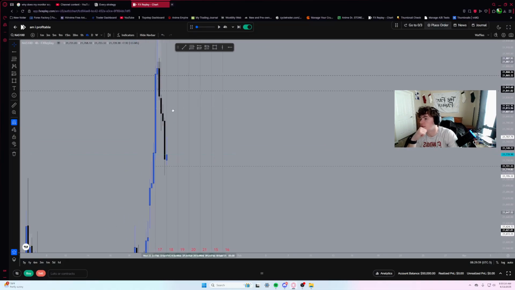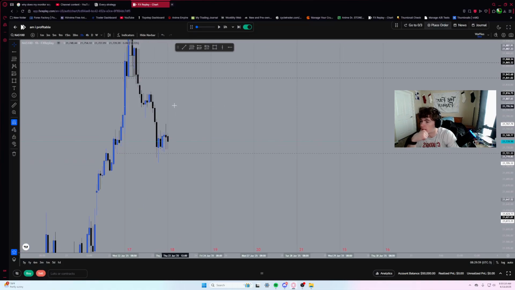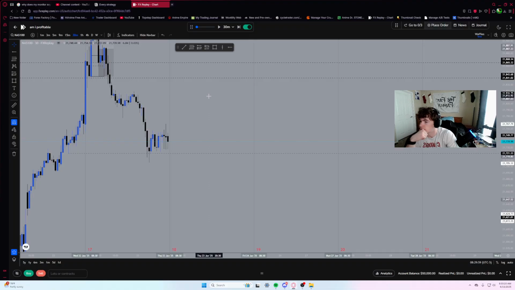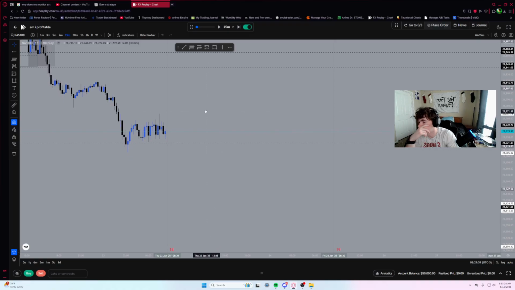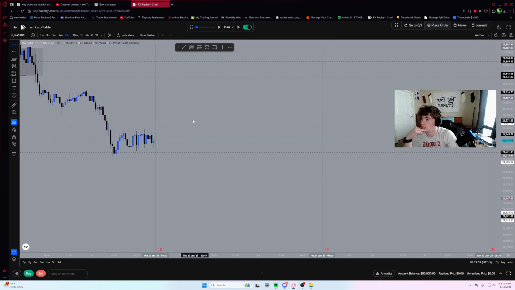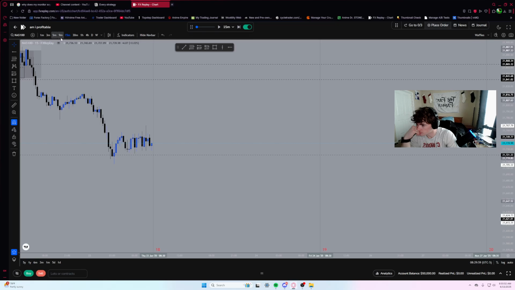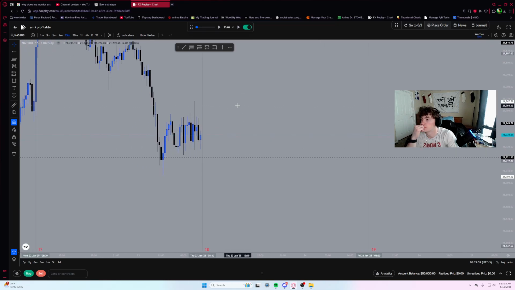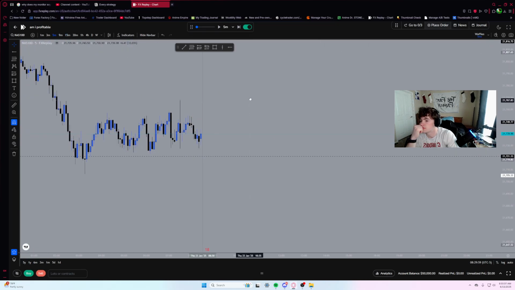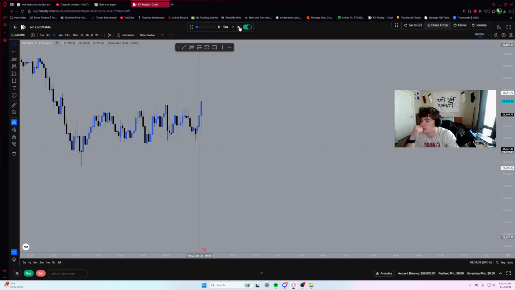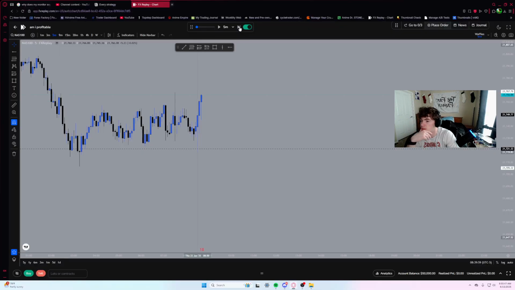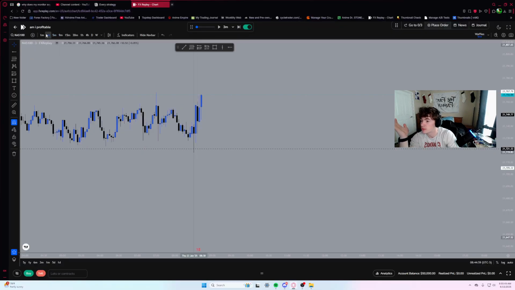So we are bullish on the 4 hour, bearish on the 1 hour, and bearish on the 30 minute, bearish on the 15 minute. Retraces, break structure, no fair value gap yet, no fair value gap.